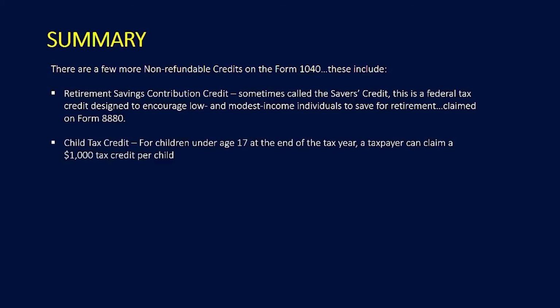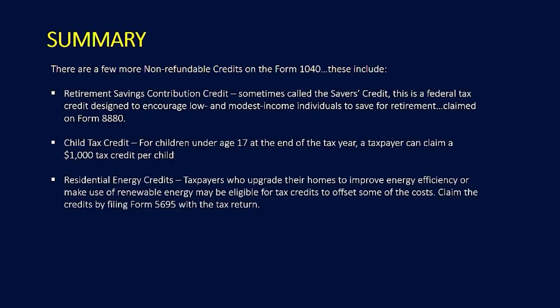For children under age 17 at the end of the tax year, a taxpayer can claim a $1,000 tax credit per child. The Residential Energy Credits. Taxpayers who upgrade their homes to improve energy efficiency or make use of renewable energy may be eligible for tax credits to offset some of the costs. We claim this credit by filing Form 5695 with the tax return.